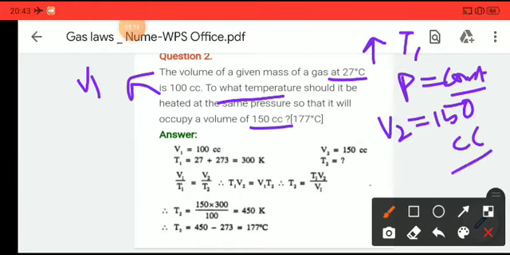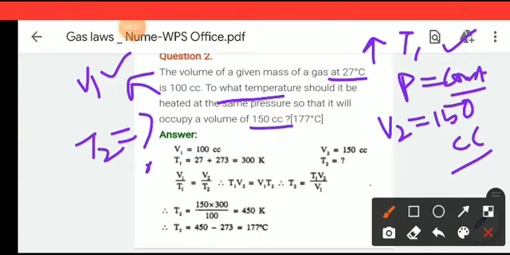So in this question, T1 and V1 are given, V2 is already given, so we only need to find T2 because pressure is constant. In this kind of question, where T1, V1 and V2 are given, and we need to find T2 at constant pressure, we should use Charles' law.